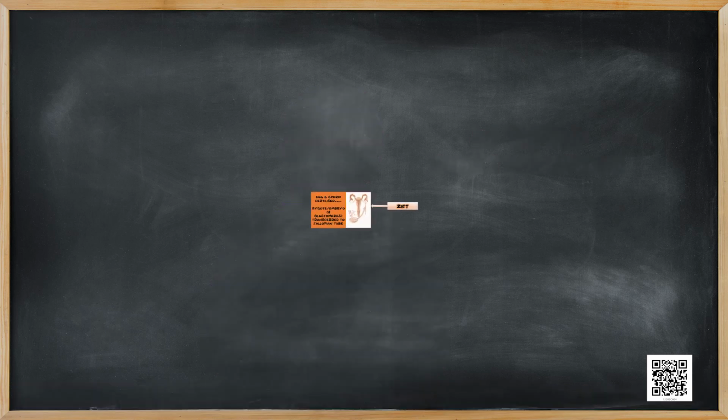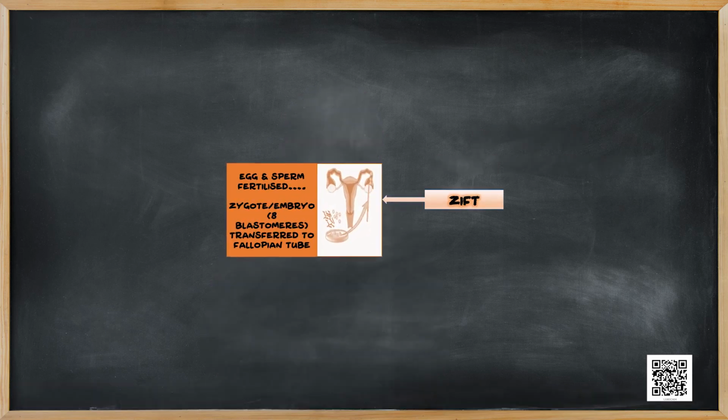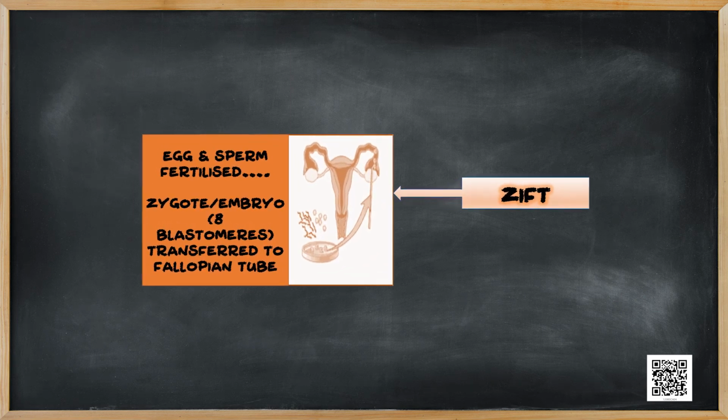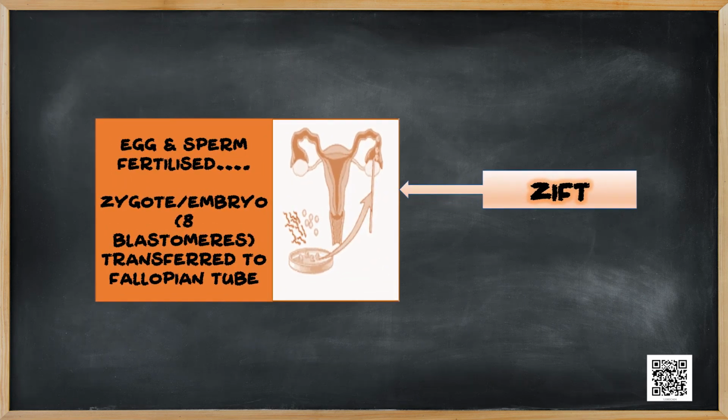The zygote or early embryos with up to 8 blastomeres could then be transferred to the fallopian tube. This is called as ZIFT, zygote intrafallopian transfer.